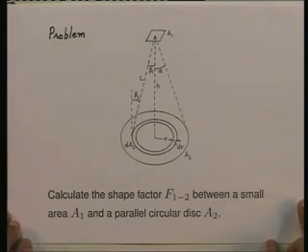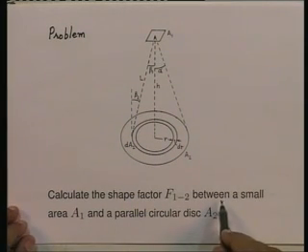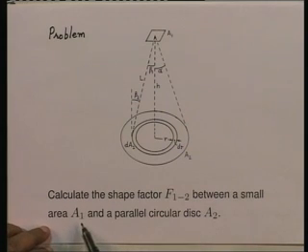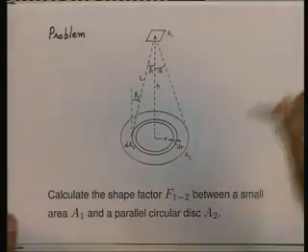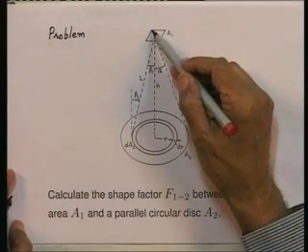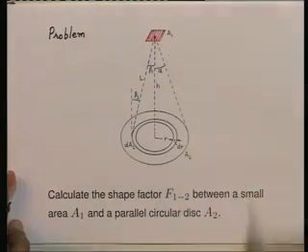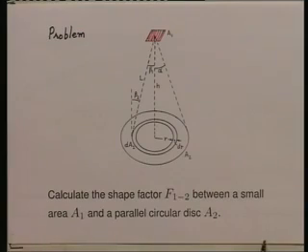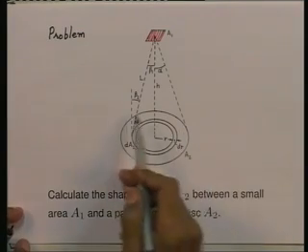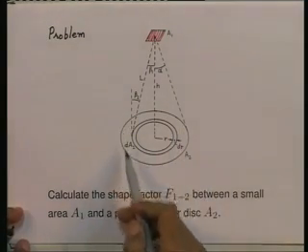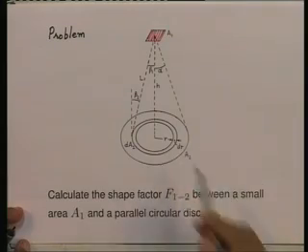Calculate the shape factor F1 to 2 between a small area A1 and a parallel circular disc A2. Here is the small area A1. Let me just shade it in red. It is a small differential area A1, and parallel to it a circular disc A2 is like this.